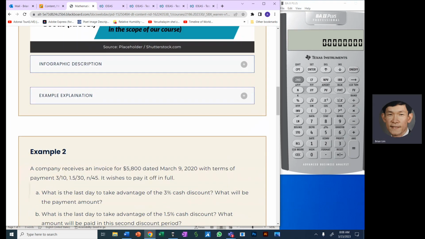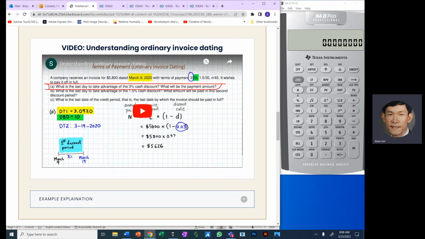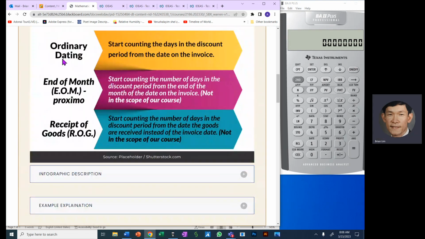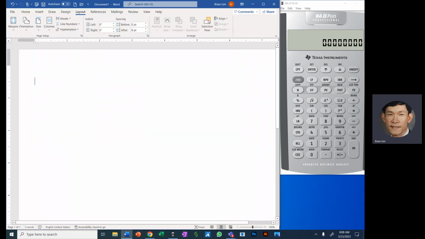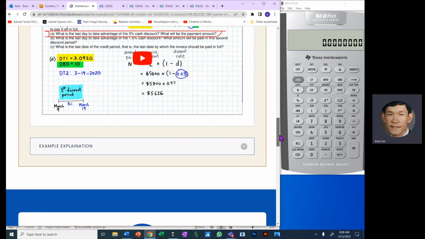All right, so those are the three different types, but we'll only be considering the ordinary dating. All right.